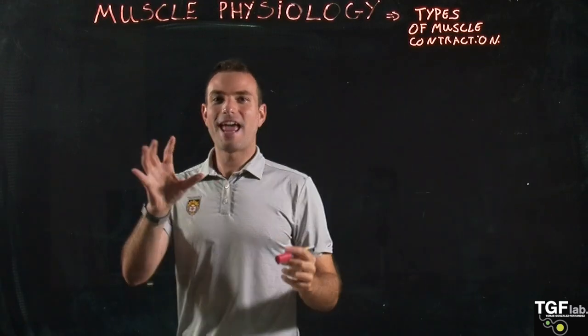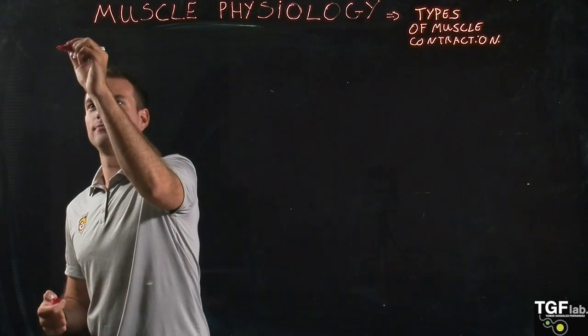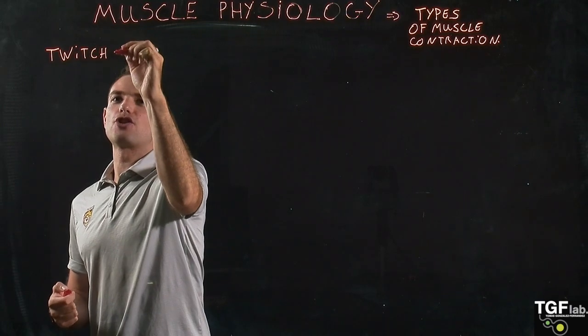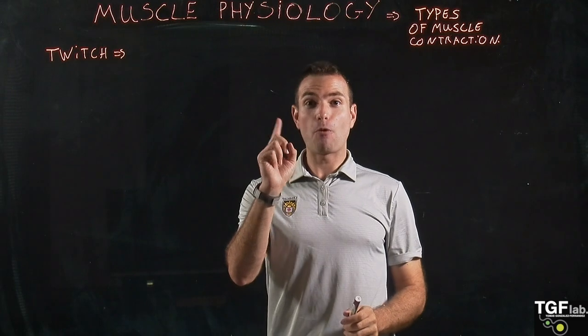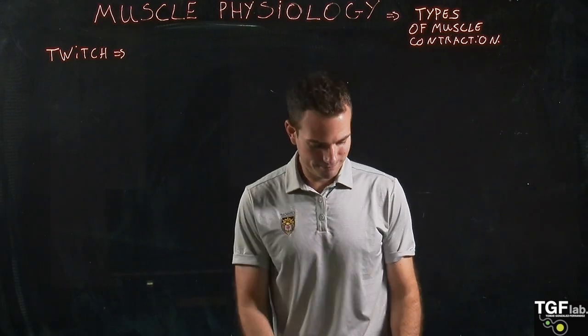So first, I want to clarify the concept of twitch or muscle contraction. The twitch is defined as the mechanical response of only one muscle fiber that receives only one action potential.